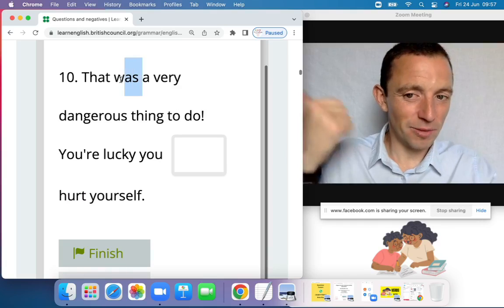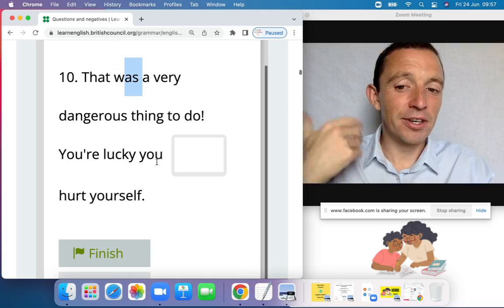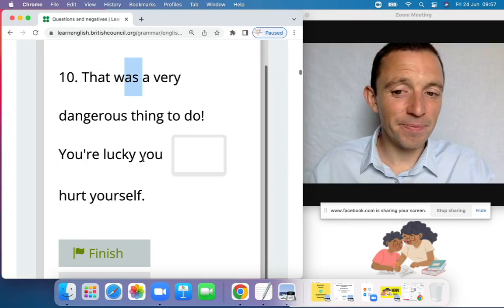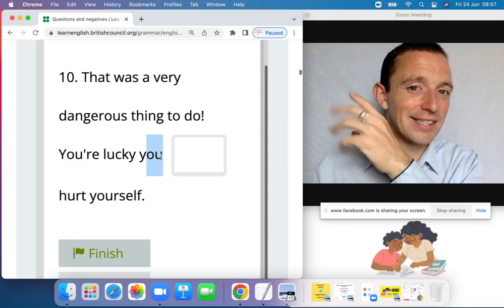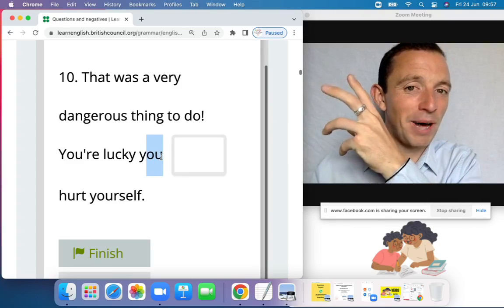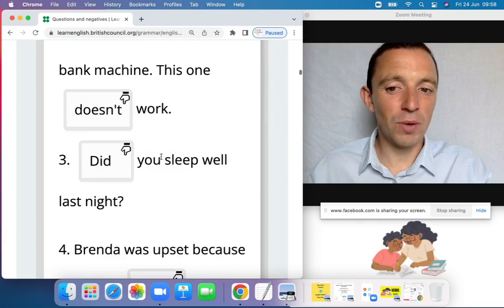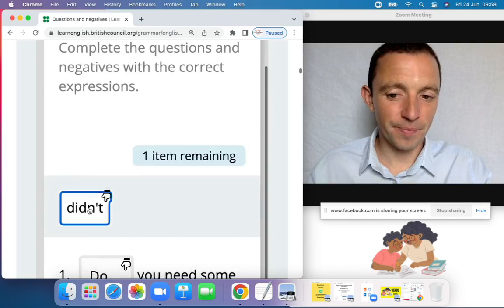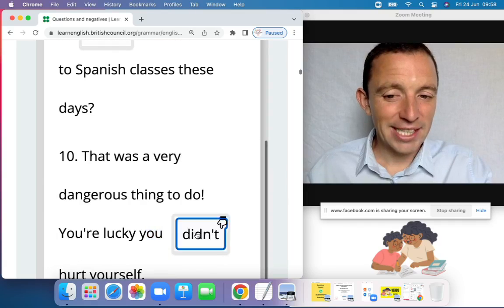That was a very dangerous thing to do. You are lucky now, or you're lucky in the past. You did not. Past auxiliary do in the past, did, and the negative: did not hurt yourself. So: you were lucky you did not hurt yourself.